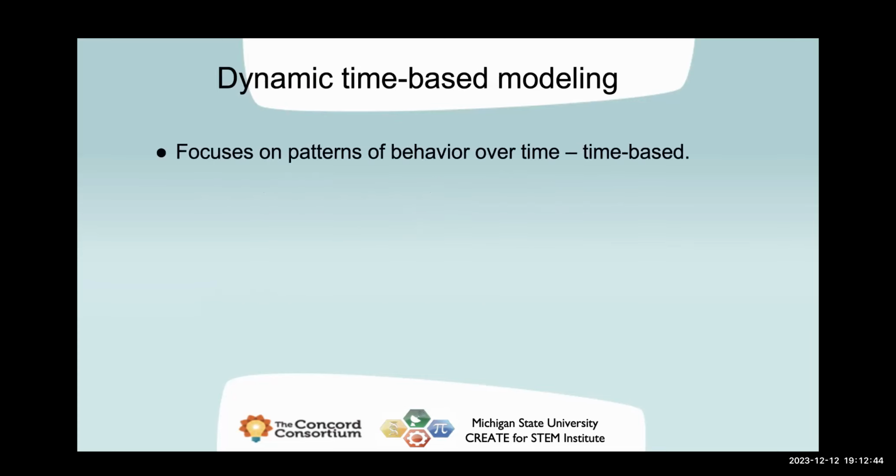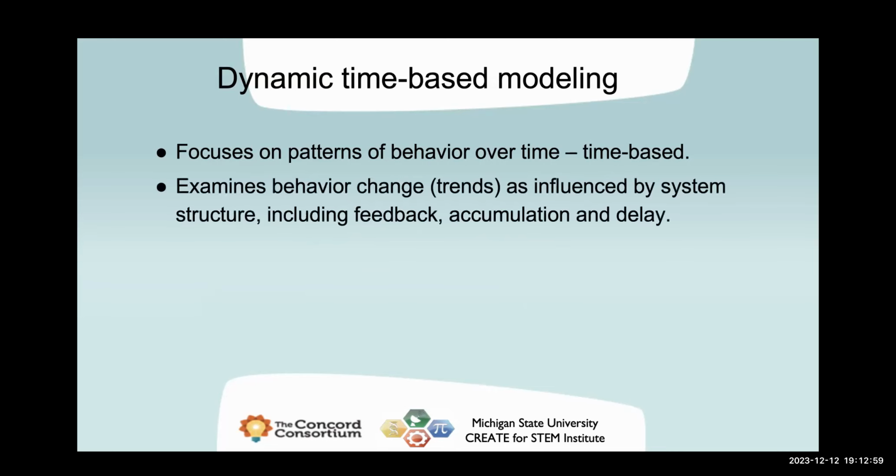So remember, dynamic time-based models are really important because they focus on patterns of behavior, or things that happen over time. And in our world, as far as explaining science, we see a lot of that. When things go on over time, typically things build up, right? So things accumulate, or decay.